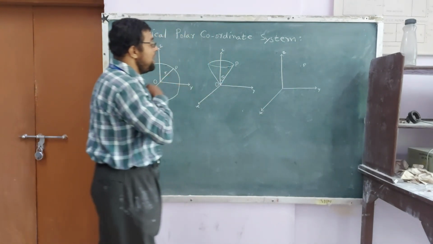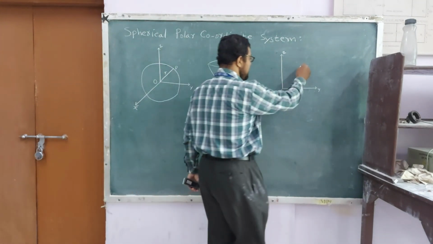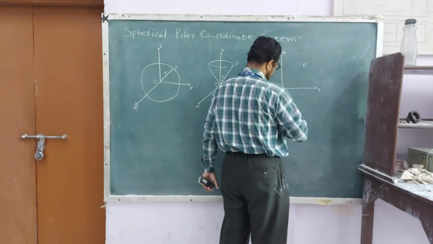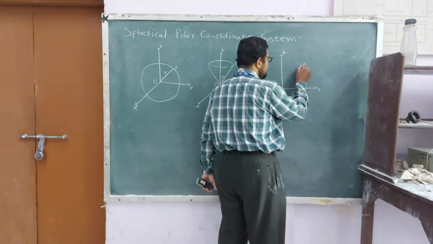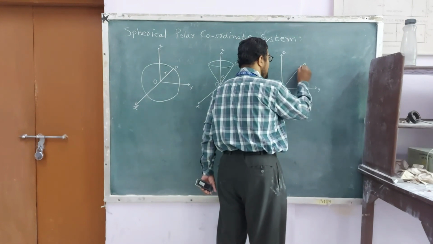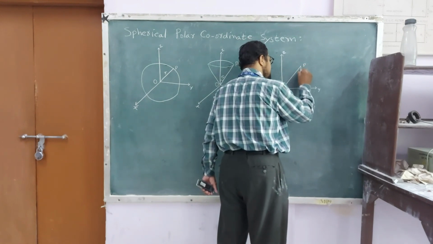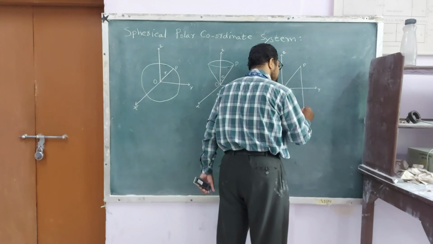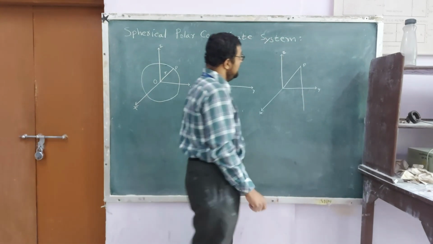Okay. So I will draw a perpendicular from point P on what? XY plane. So this is first I will draw it here. This one. And then I will draw a perpendicular from this point here on this plane. Okay.